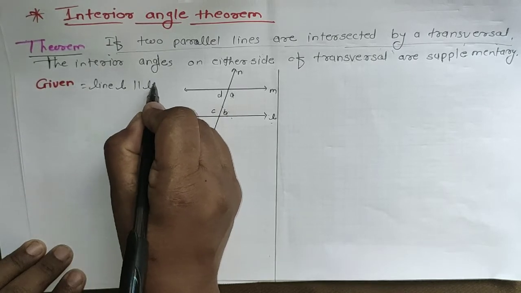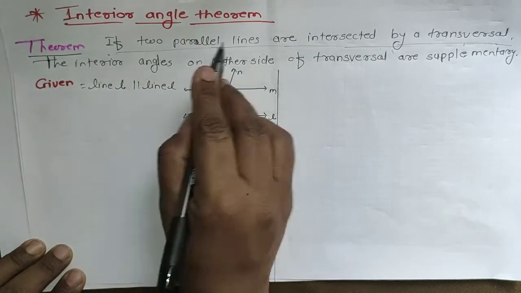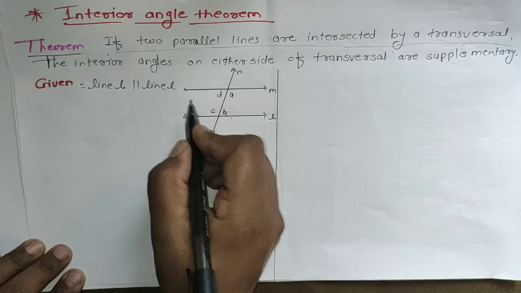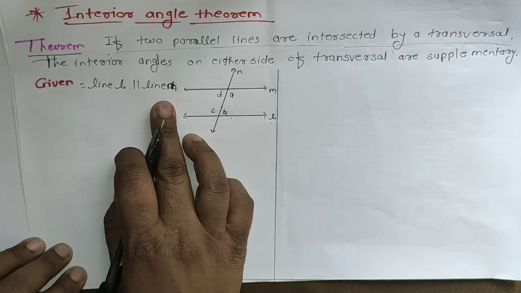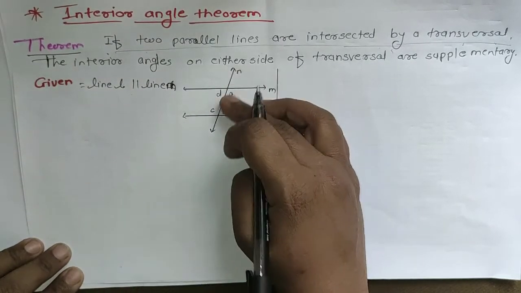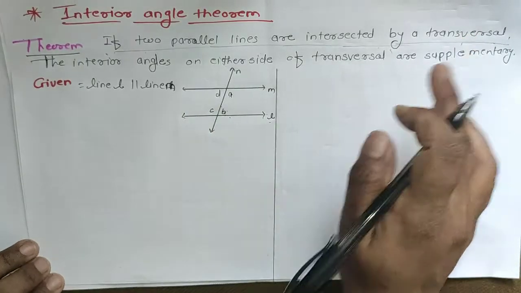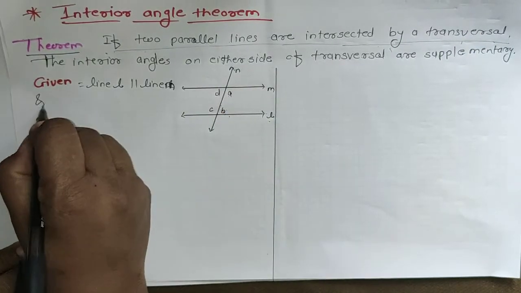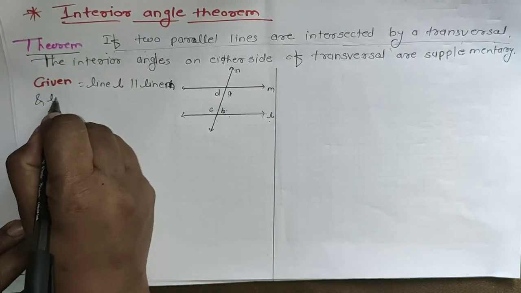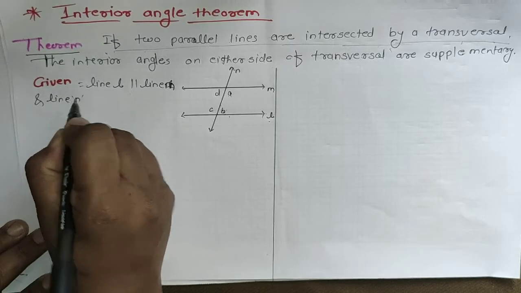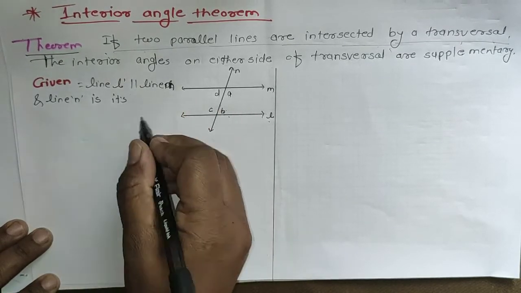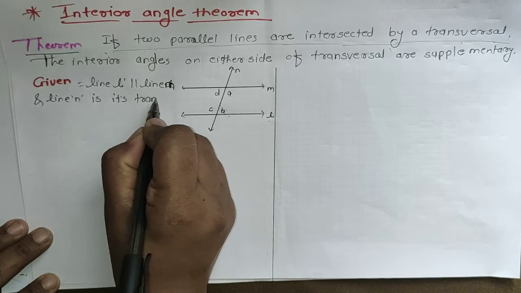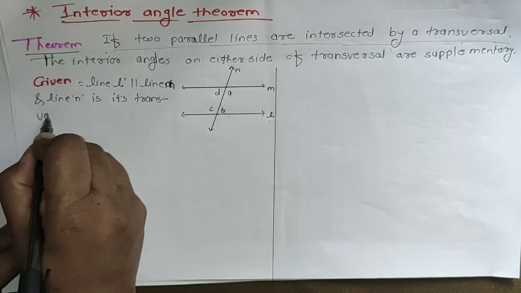Line L and line M. Line L is parallel to line M. These are the two parallel lines, and N is their transversal. Here they told you the transversal, so line N is its transversal.